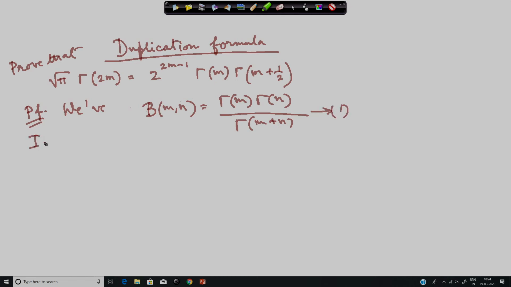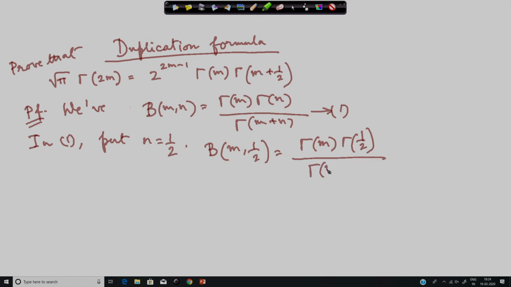In 1 you put n equal to half. You know that gamma half equal to root over pi. So in this result we will use that, but for that we have to modify the form of the beta function a little. Then beta m half equals gamma m gamma half by gamma m plus half.